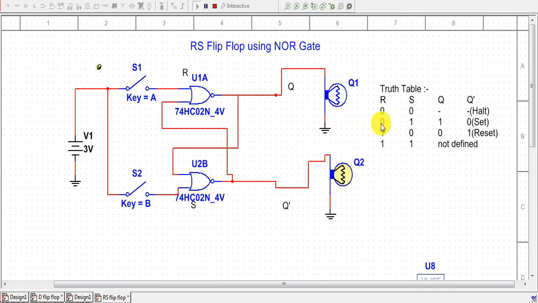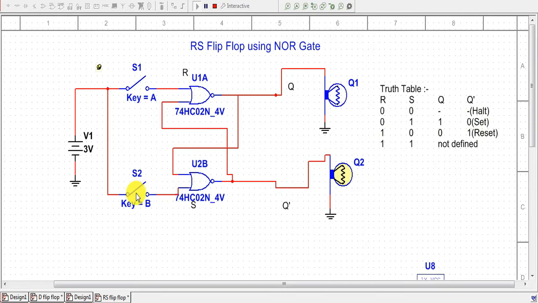And as soon as we apply the signal from R, that is 1, and set S to 0, then it will set the flip-flop to the reset position. And as we provide signal from S, that is if we close the first switch, the flip-flop will be in set position.